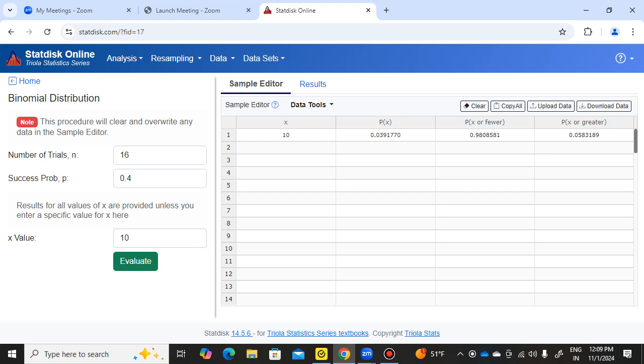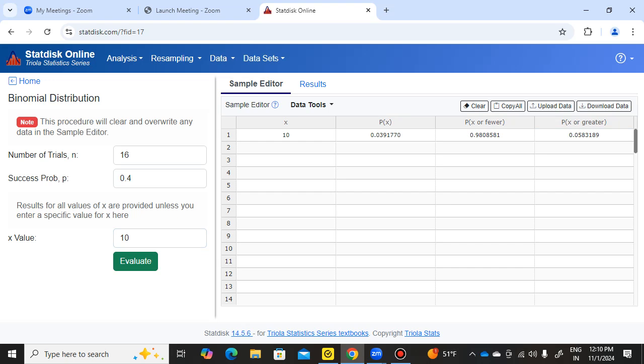0.0391770. And then the probability that at least 10 of them have brown eyes. At least 10, just want to make sure I have it right.